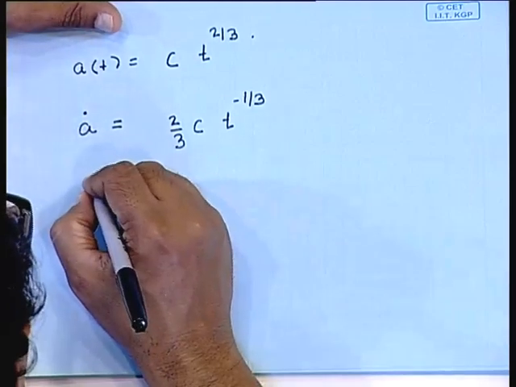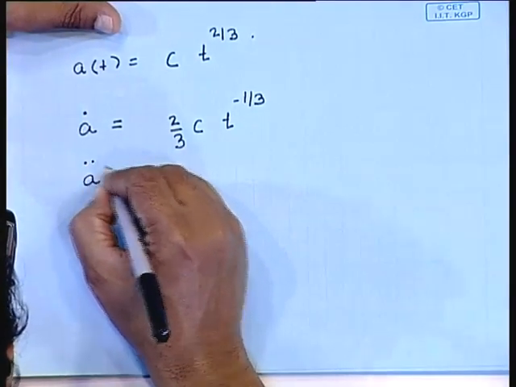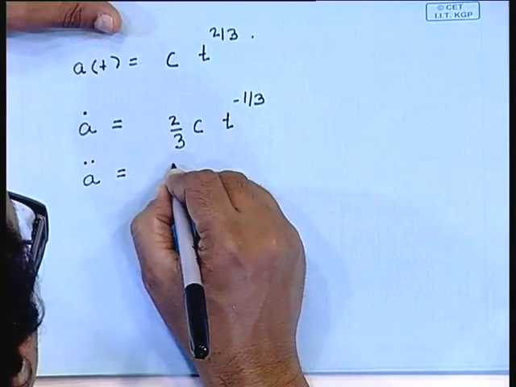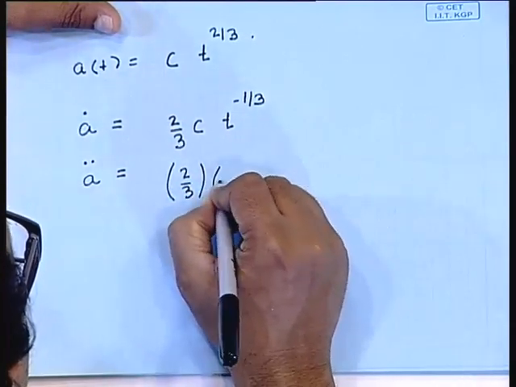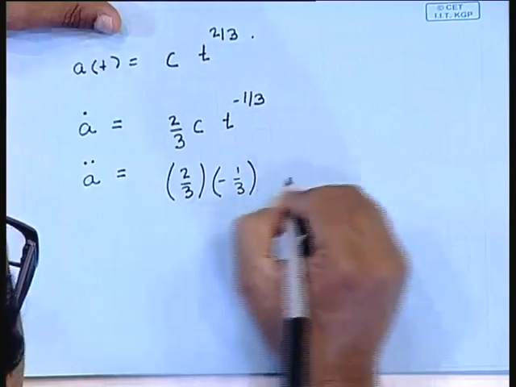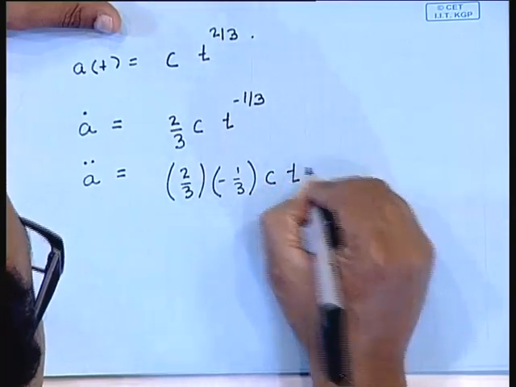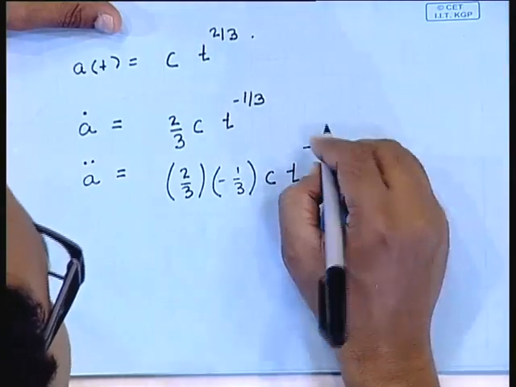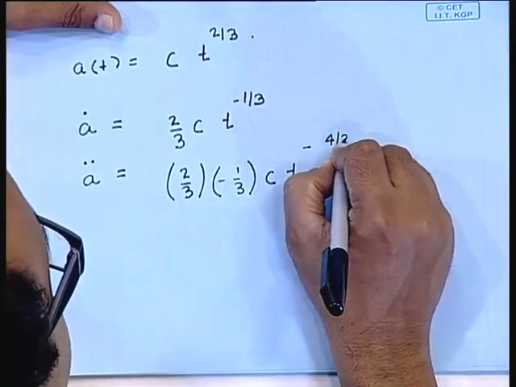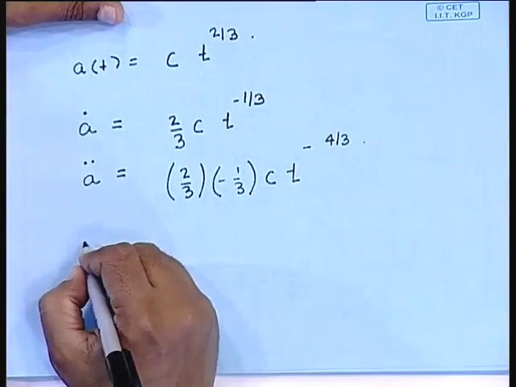A double dot is equal to 2/3 times minus 1/3 C t to the power minus 4/3, and A double dot by A.